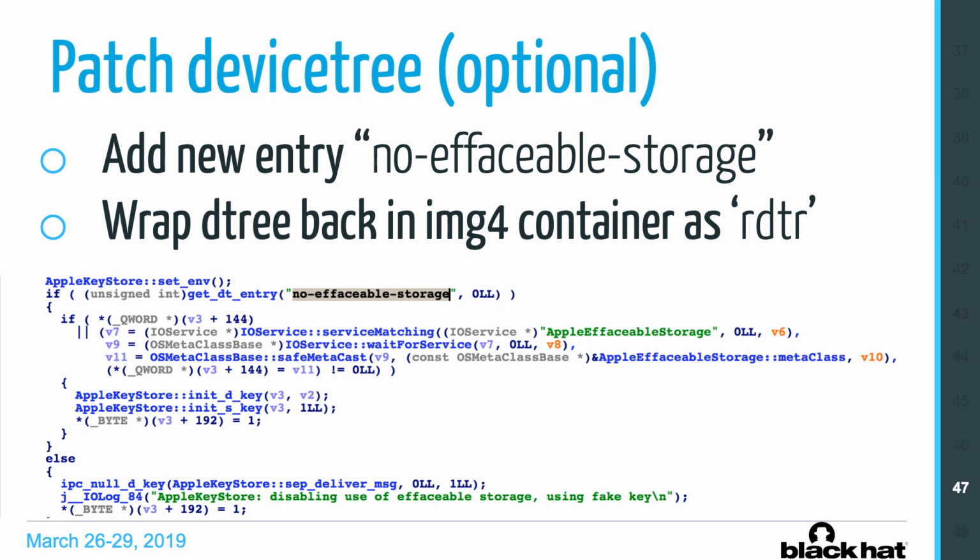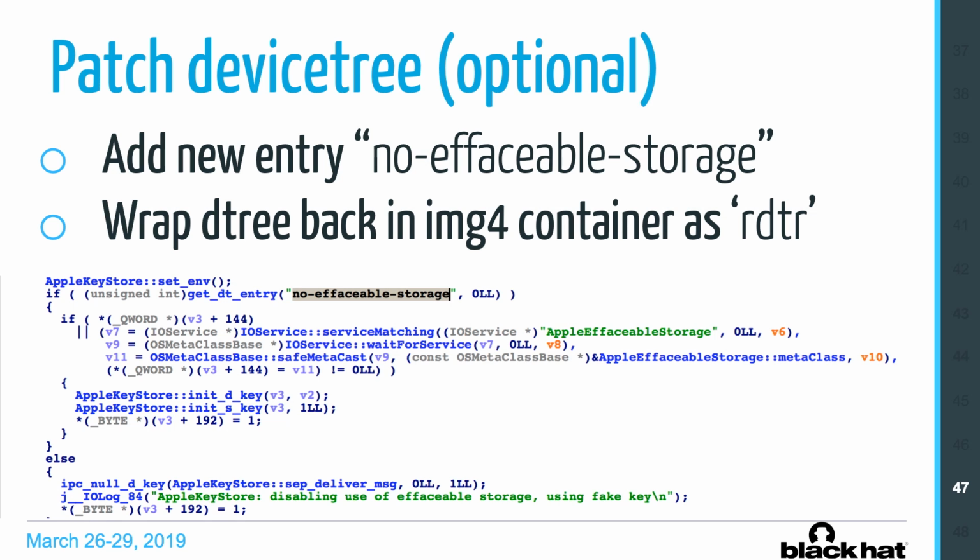Device tree, it's an optional patch, but it's required. So what we need to do is disable the effaceable storage. And the effaceable storage is a special place where the data protection keys are stored. And to prevent the collisions between the two systems, we need to disable the effaceable storage.